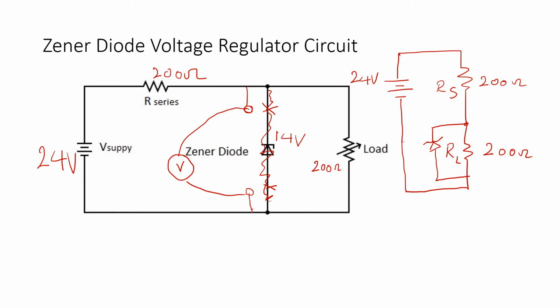So this circuit here is equivalent to this circuit. We're going to disconnect the Zener diode, and we're going to do a calculation to determine what will be the voltage across the load. So let me remove the Zener diode. I've just removed the Zener diode.